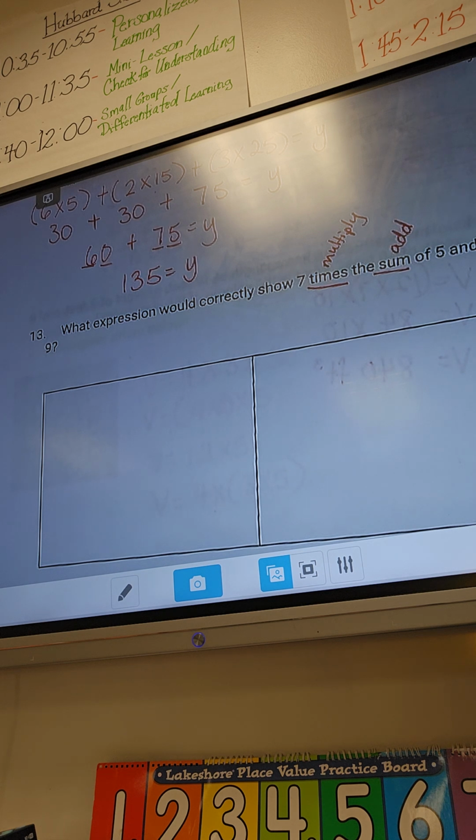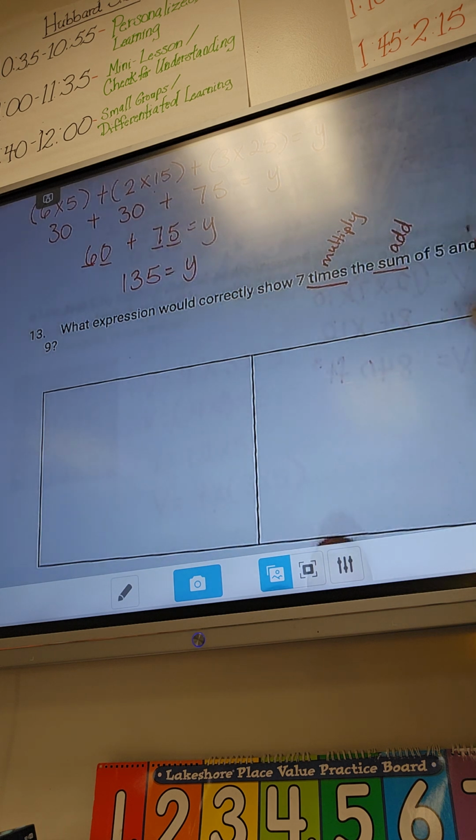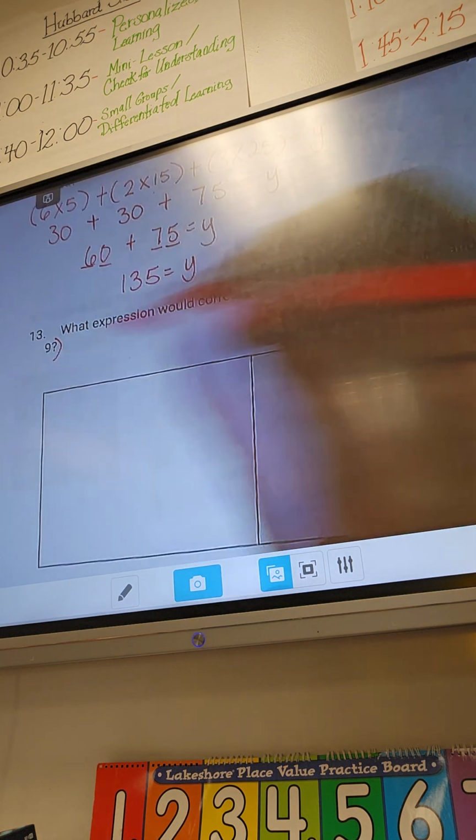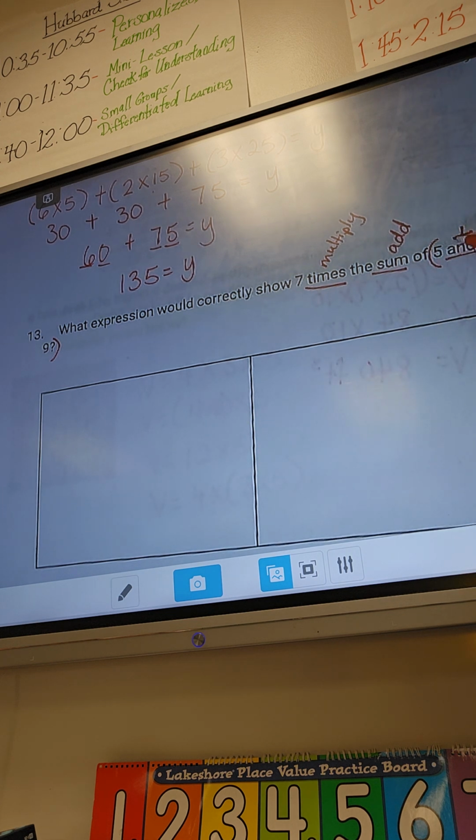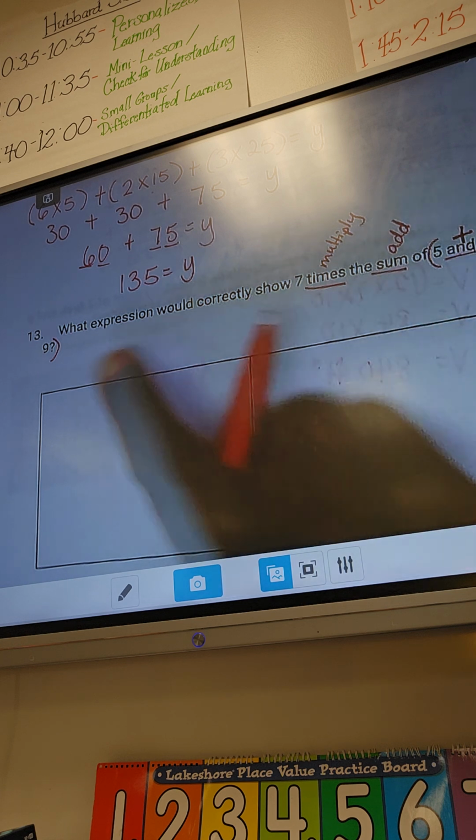All right, so here we go. The sum of 5 and 9. The sum, we say it means to what? Add. So the "and" means what? Add. 5 and 9.